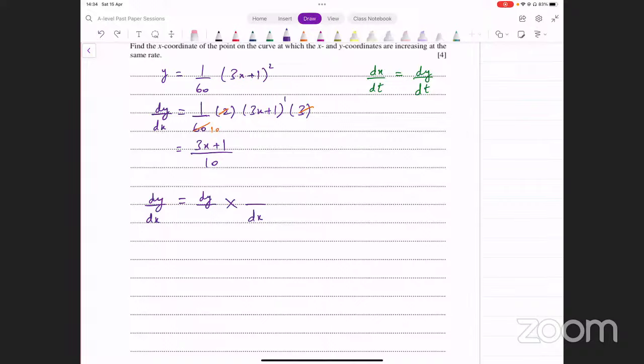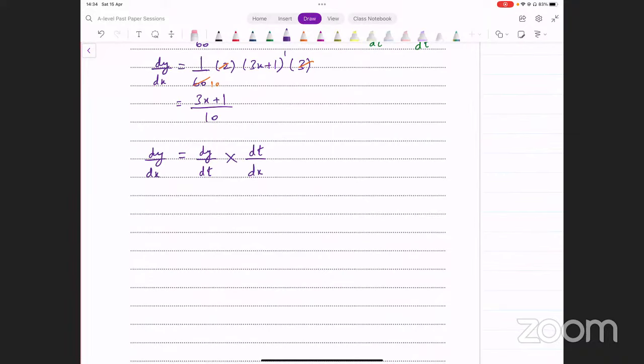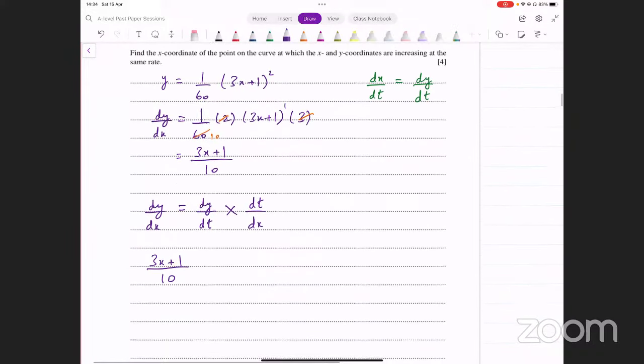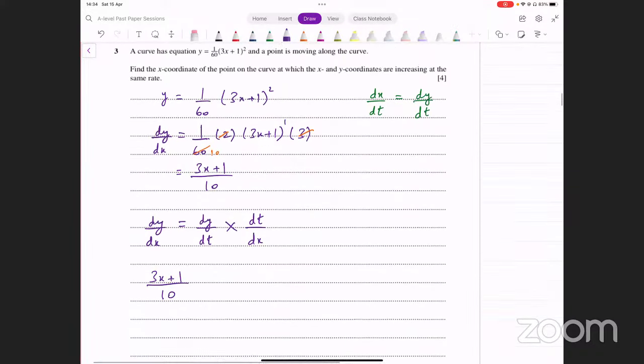In this case, it's t. So we have dt here and you have dt here. Okay. Now dy over dx, we know what that is. That's 3x plus 1 over 10. Right? That is what dy over dx is.